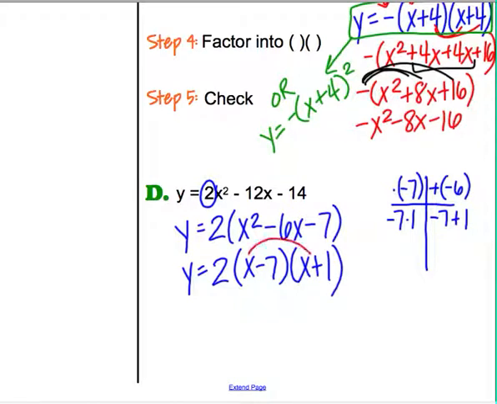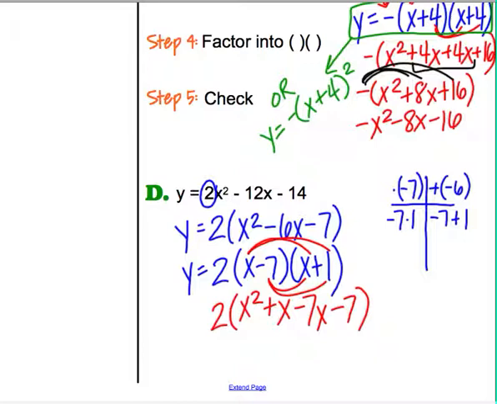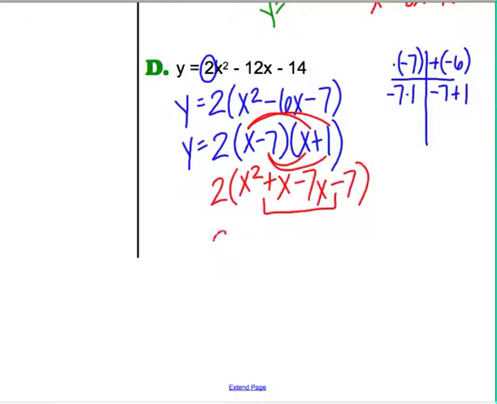So distribute that x and x to get x squared. Keep that 2 out front. X times 1 is x. Negative 7 times x is negative 7x. Negative 7 times 1 is negative 7. Combine my like terms, and I get 2 times the quantity x squared minus 6x minus 7.